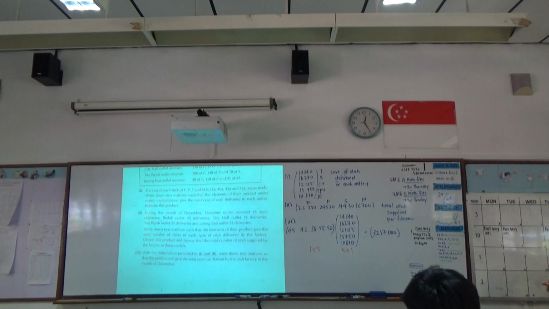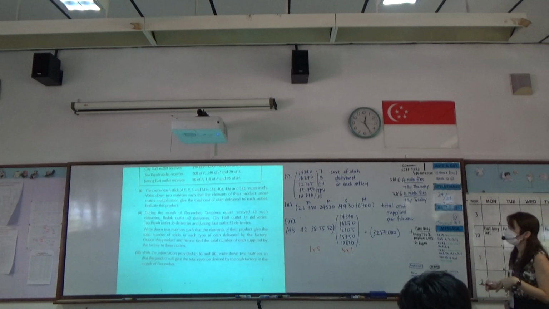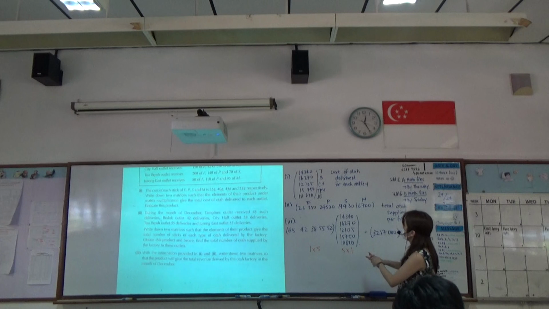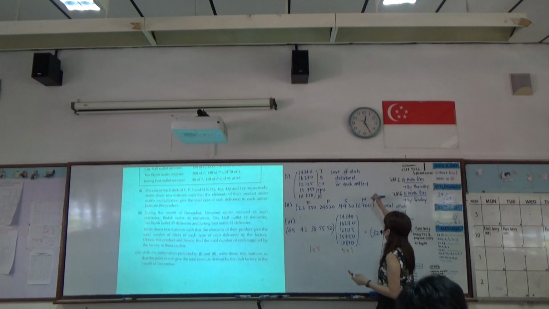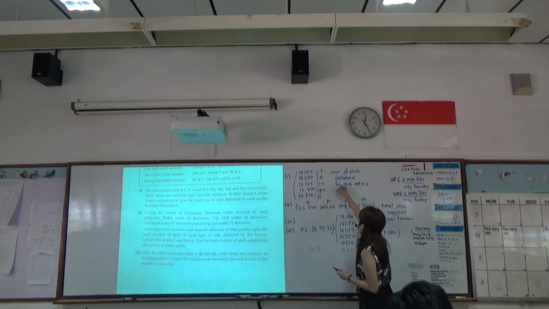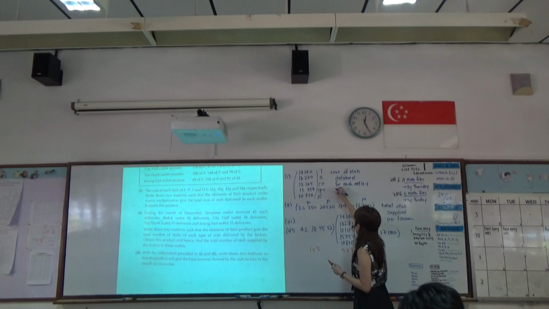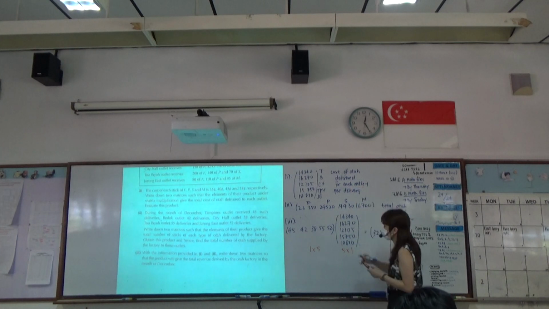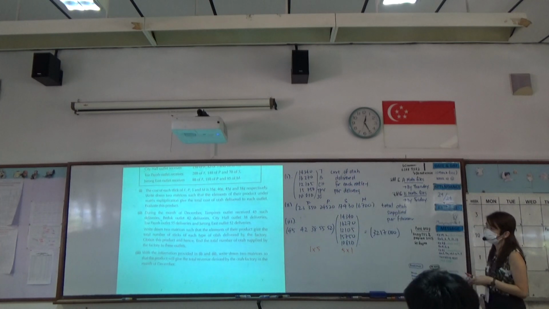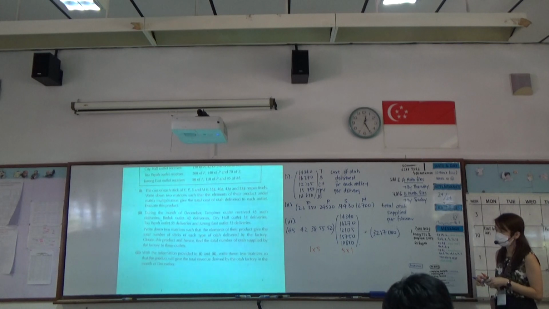So this is one method, where you take the cost of OTA delivered for each outlet, and in fact this one is per delivery. So we need to multiply the number of deliveries in that month.